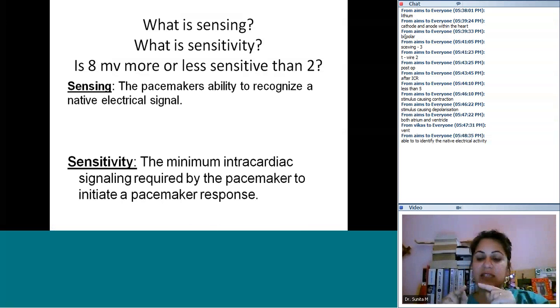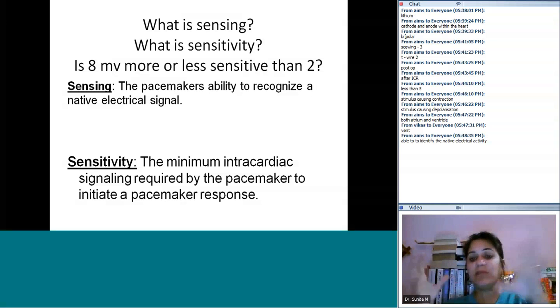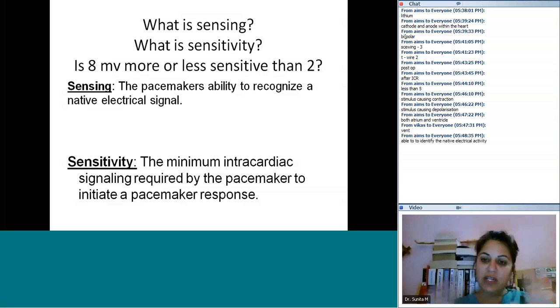And sensitivity is that minimum intracardiac signal which is required by the pacemaker to sense it and then initiate some kind of pacemaker response. That pacemaker response may be to get inhibited or to pace or to whatever. So the minimum intracardiac signal which is required by the pacemaker to initiate some kind of response is your sensitivity.